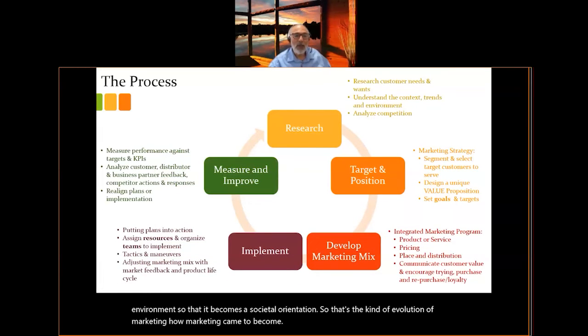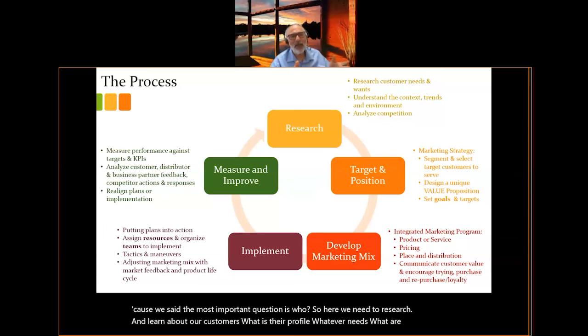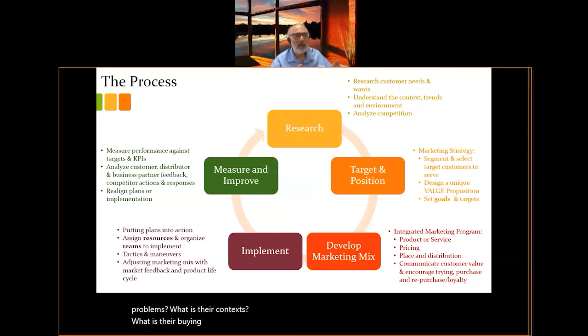how marketing came to become what it is today. And when we do marketing, the first process is to learn about our customers. Because we said the most important question is whom. So here we need to research and learn about our customers. What is their profile? What are their needs? What are their problems? What is their context? What are their buying or purchase habits?